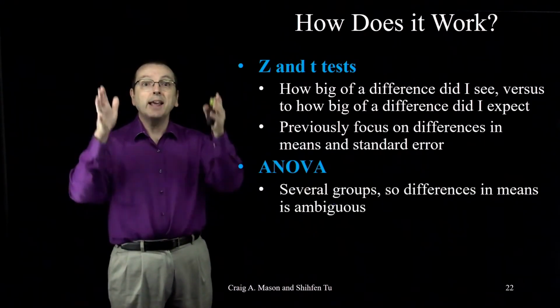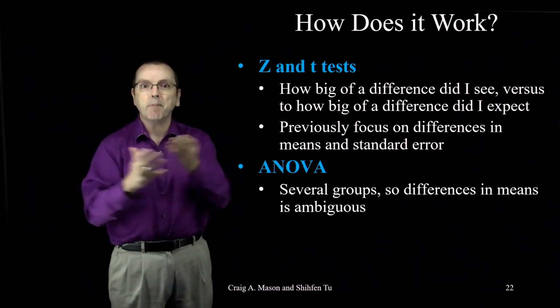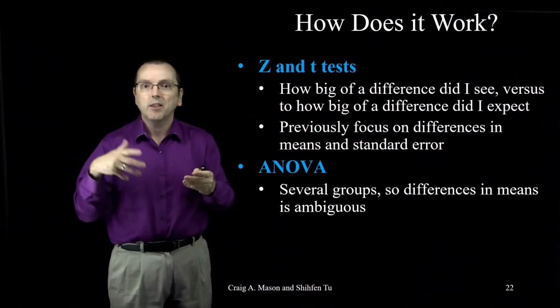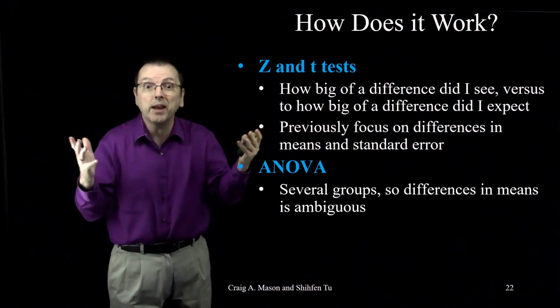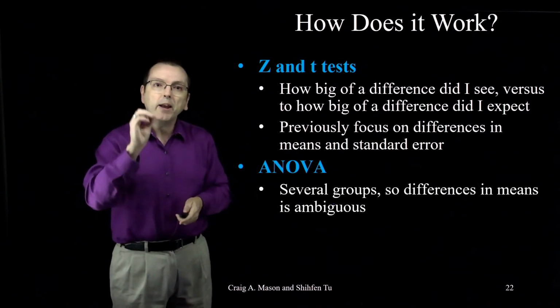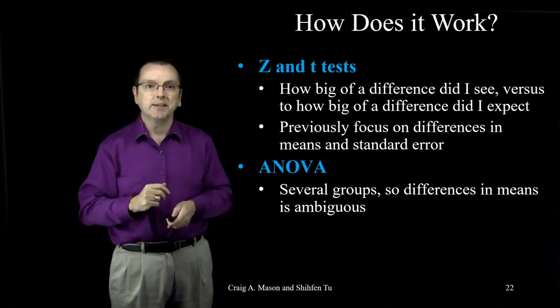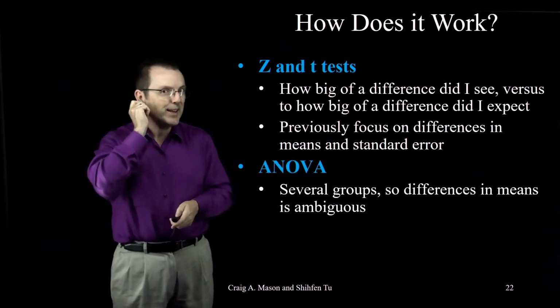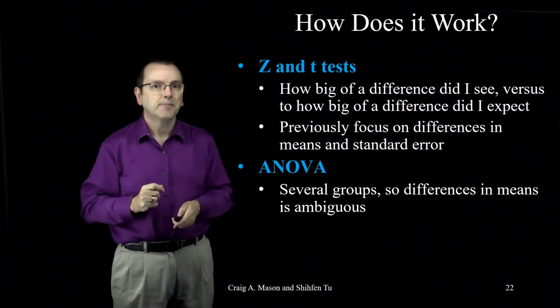I mean, how do you get a single number that describes differences or expected differences between 3 or 4 or 7 or who knows how many different groups? We do it by looking at variances instead of just looking at the means. And if you think about it for a moment, that kind of makes sense.